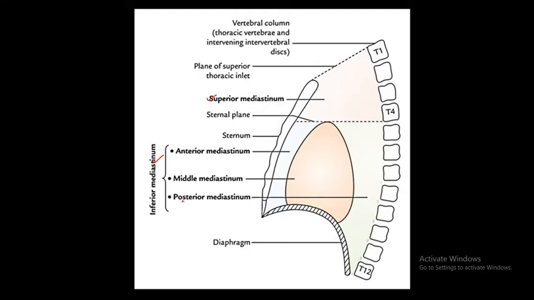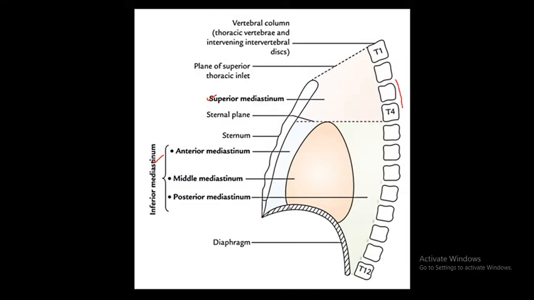Now again, first we have done the boundaries. Again you can see anteriorly the whole of the mediastinum, considering both the superior as well as the inferior, there is a flat bone, the sternum. Posteriorly it is bounded by the vertebral column.